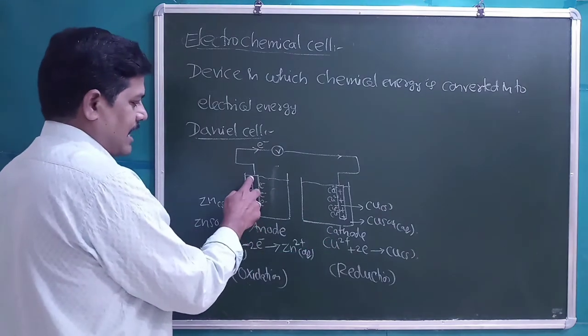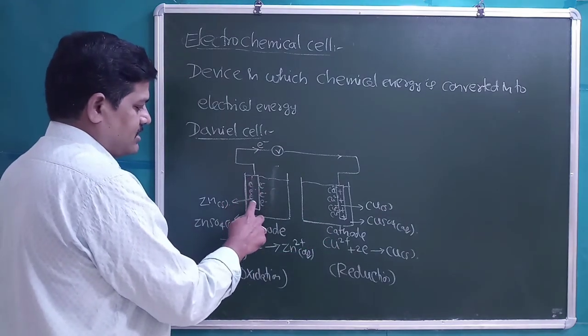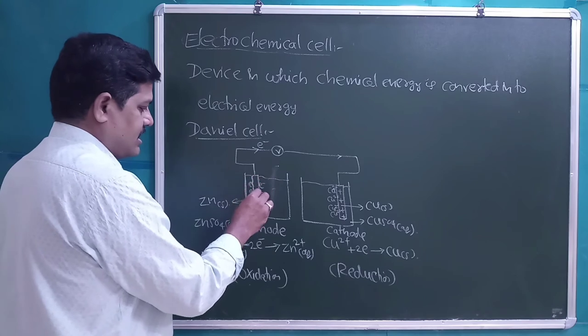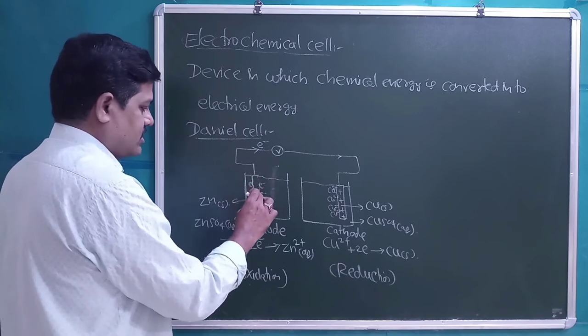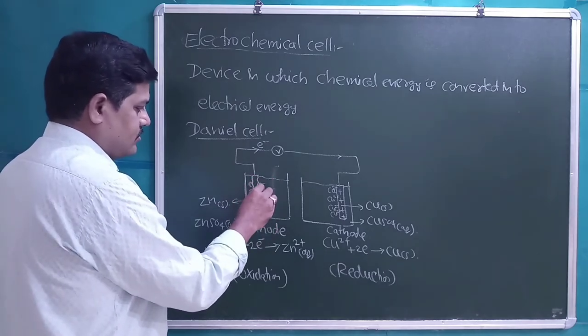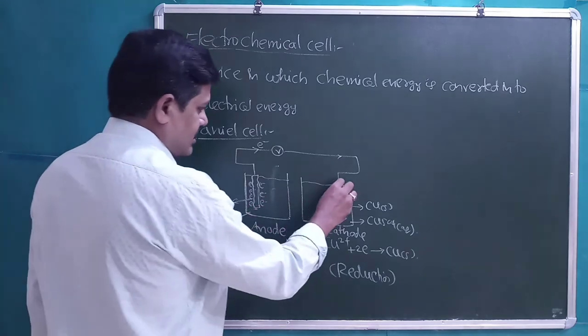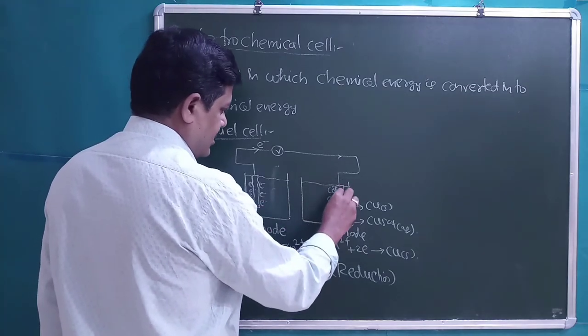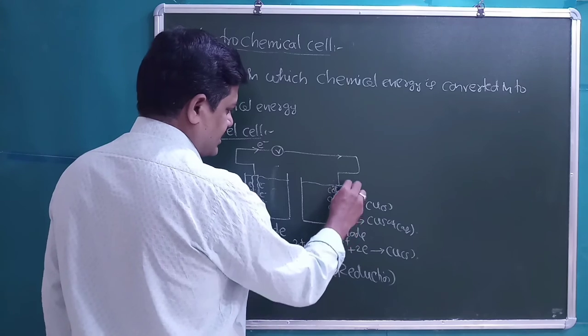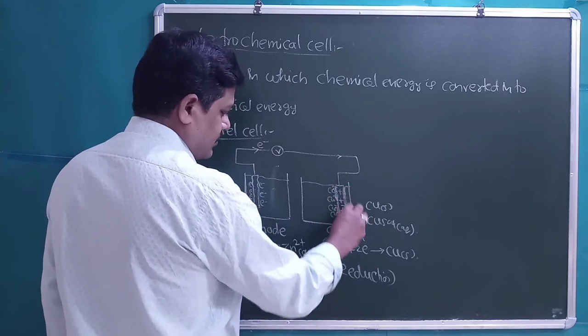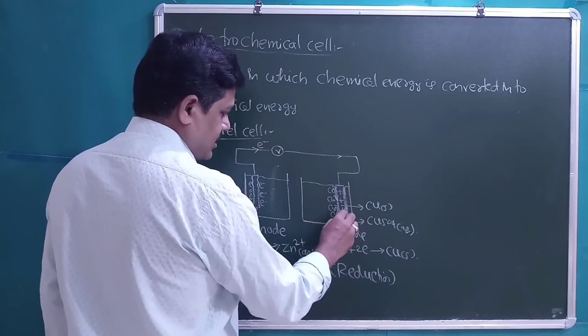So students, as time progresses, what happens? The zinc rod thickness decreases, as it dissolves in the solution in the form of Zn2+. The copper electrode thickness increases because of deposition of copper on the copper rod.